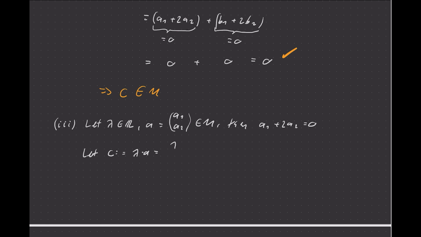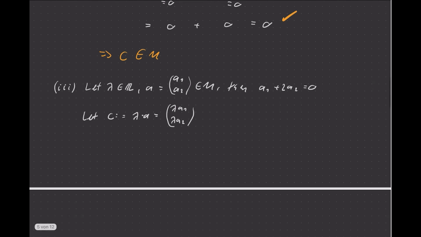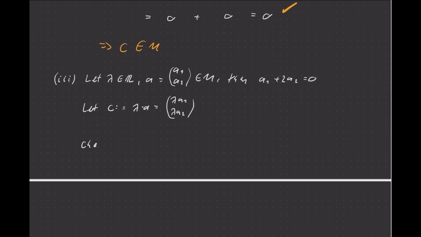So c is lambda a1, lambda a2. And then we check whether c fulfills the condition that defines U. So c1 plus 2c2, what is that? Well, c1 is lambda a1. c2 is lambda a2. And of course, we can factor out the lambda here. So that's lambda times (a1 plus 2a2), like this.